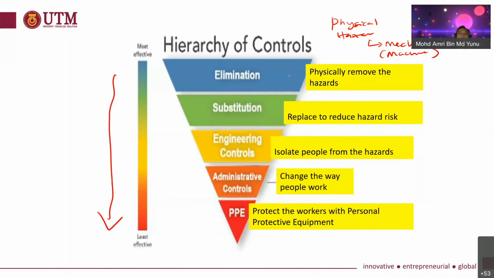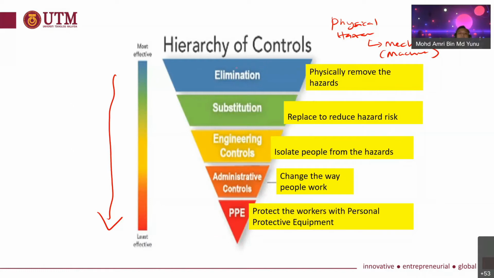But if we look into this hierarchy of control, for example, if we have a stamping machine, we have a sheet of metal and a stamping machine basically presses and creates a structure or form.